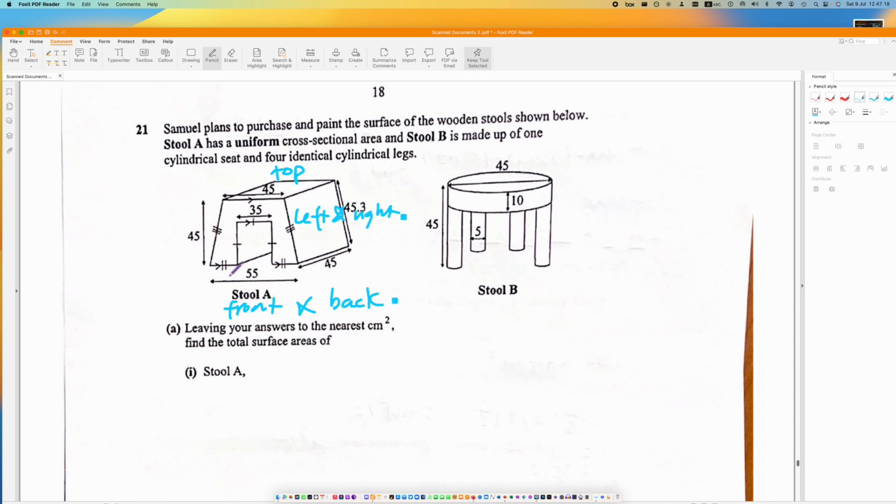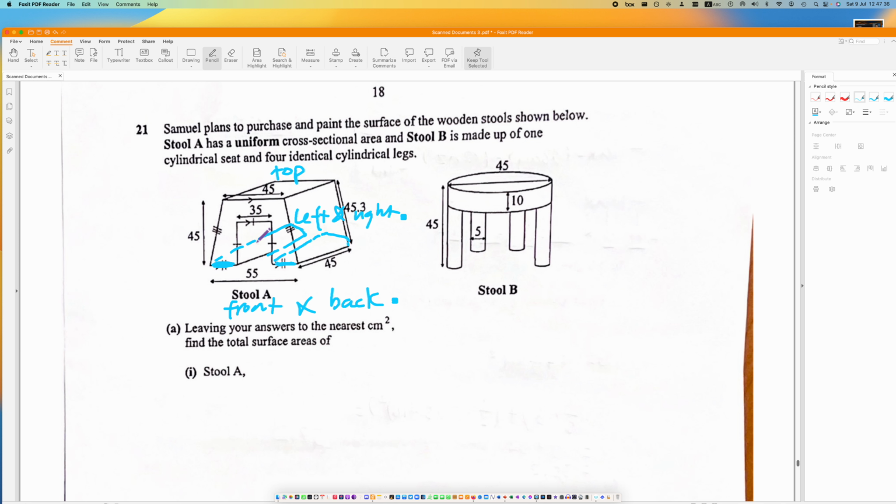split. One of the base is this one. One of the base is this one. Which is the... right? Anything else? Then the inner wall here. And then of course this side.